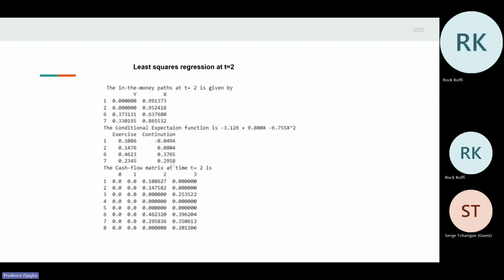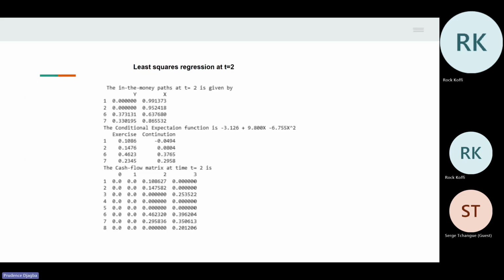So here we take the discounted value at t of the exercise payoff at t equal to 3. So from there now, our second cash flow matrix at t equal to 2 is just the value that we got from this payoff.